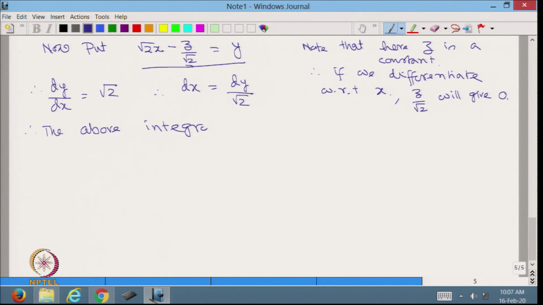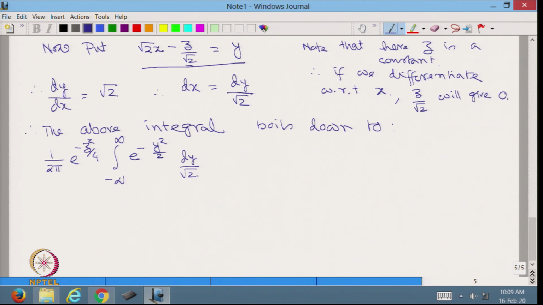Therefore, the above integral boils down to 1 over 2 pi e to the power minus z square by 4, the integration from minus infinity to infinity of e to the power minus y square by 2, dy upon root 2, by substituting root 2 x minus z by root 2 equal to y.